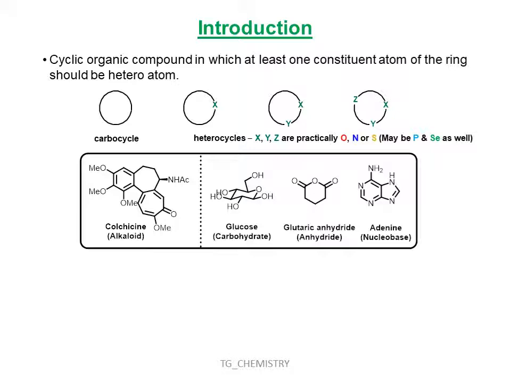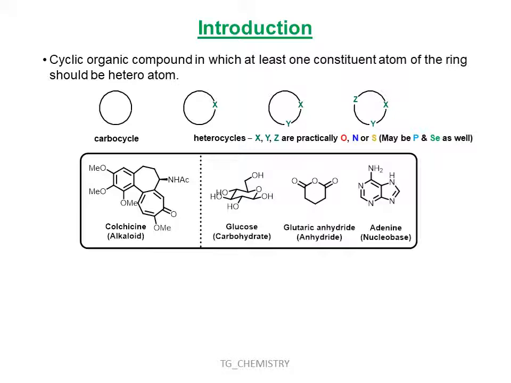That means the properties of those individual types overshadow the properties of heterocycles. And in literature, they are prominent as carbohydrate, anhydride, and nucleobase respectively.